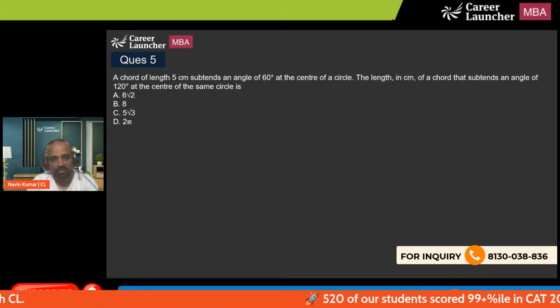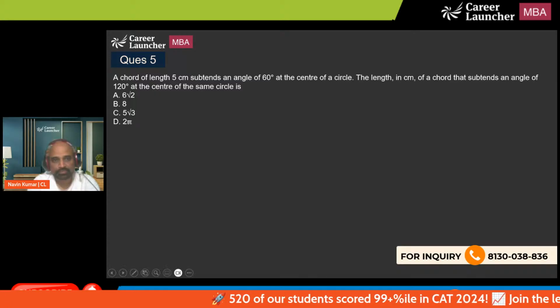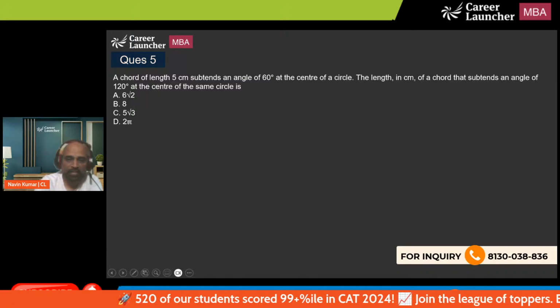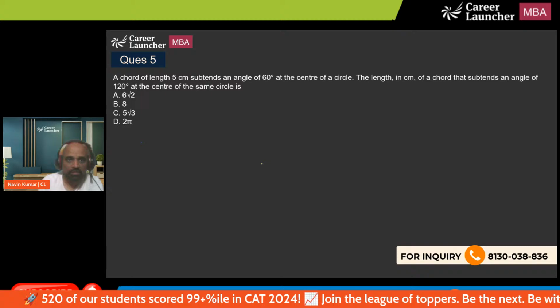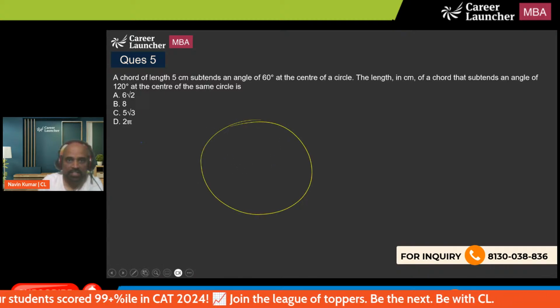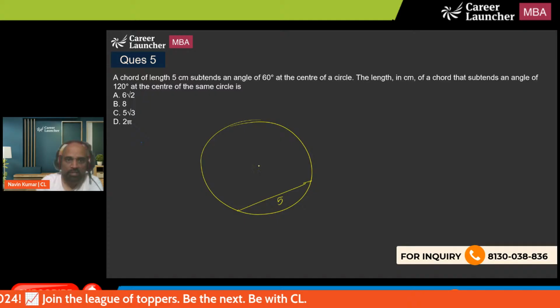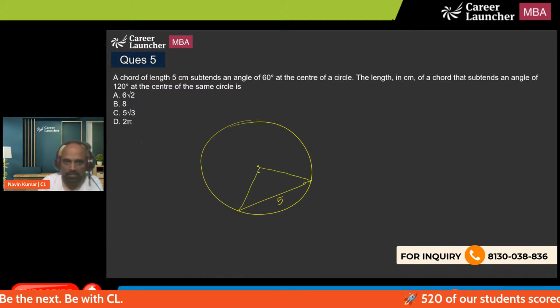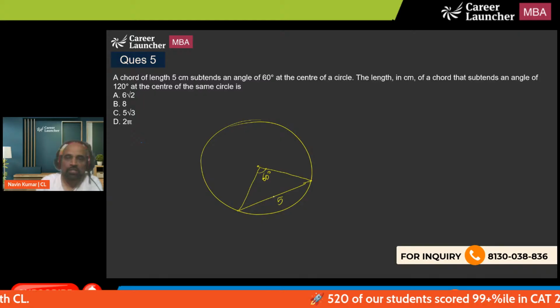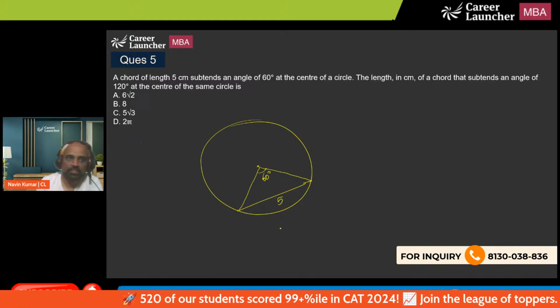Okay. The next problem. A chord of length 5 centimeter subtends an angle of 60 degrees at the center. So this is 5 and the chord subtends an angle of 60 degrees. Find the length of the chord that subtends an angle of 120 degrees at the center of the same circle.